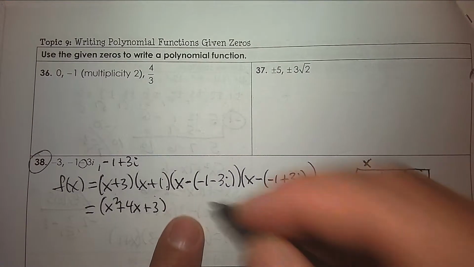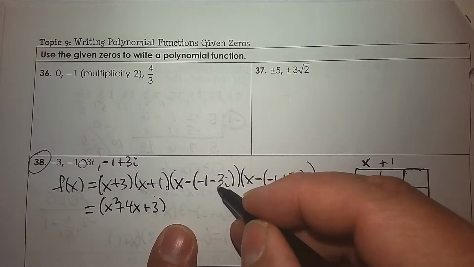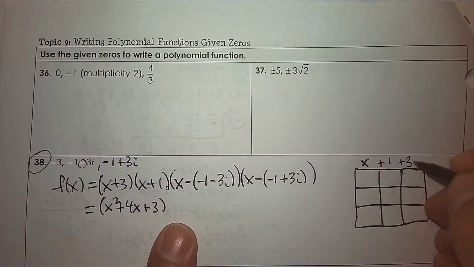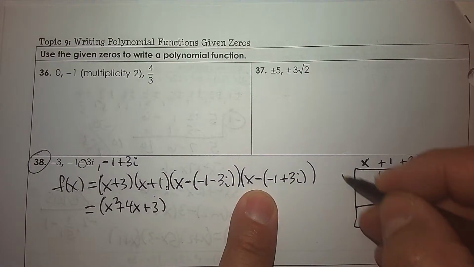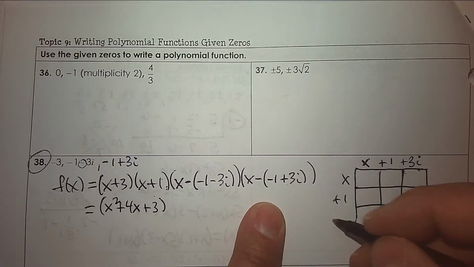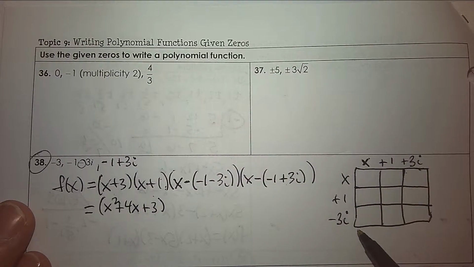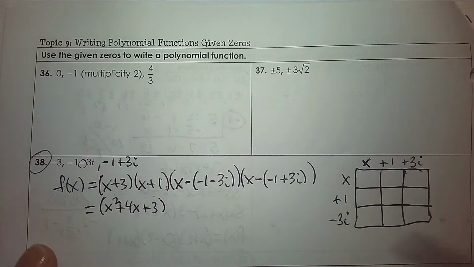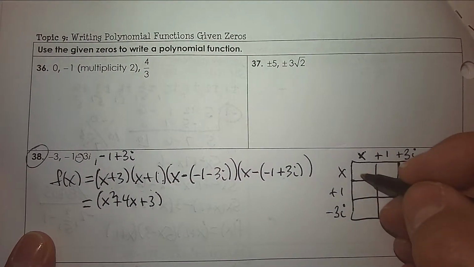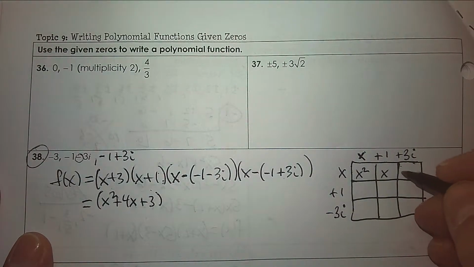Now I'm going to distribute. So a negative times a negative is plus 1, and a negative times a negative is plus 3i. Here, a negative times a negative is plus 1, but a negative times a positive is negative 3i. So I'm going to distribute the negative so the signs are right. And now I'm going to multiply. So x times x times 1, x times 3i.